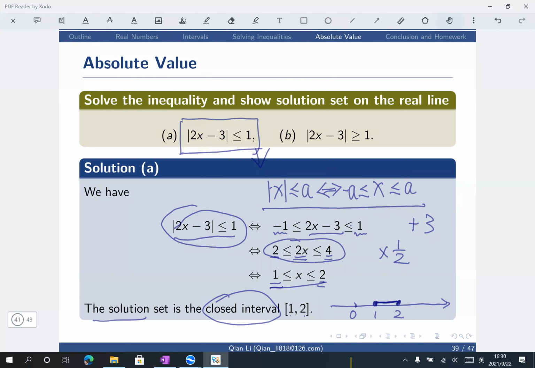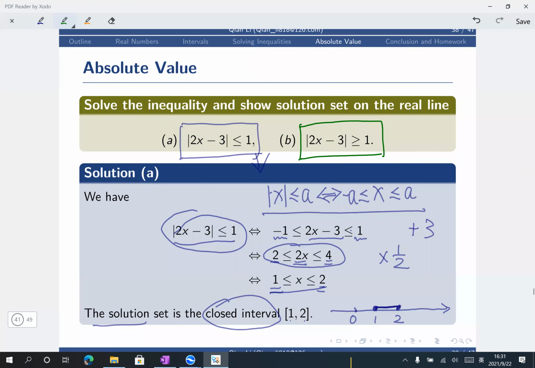Okay, let's see the second example. The absolute value of 2x minus 3 is larger than or equal to 1. To solve this inequality, which property can we use?